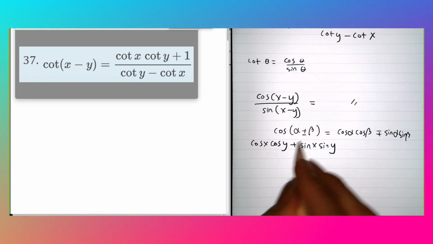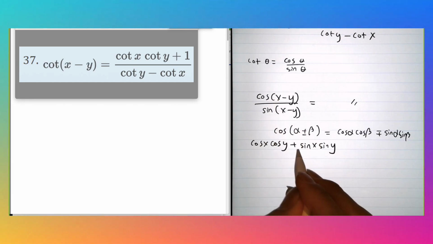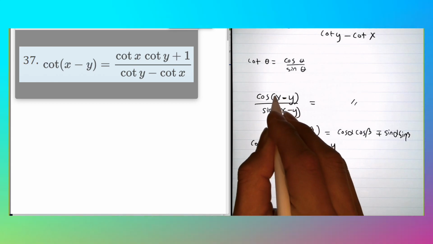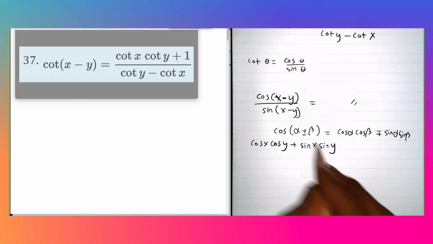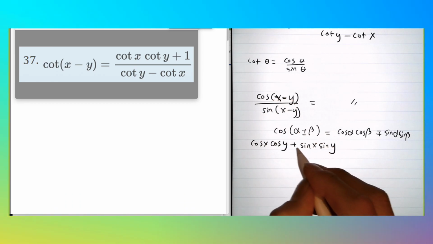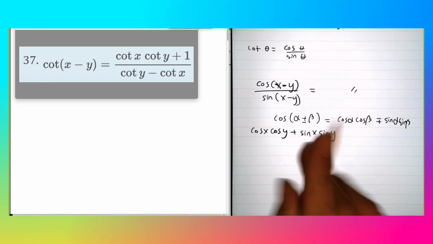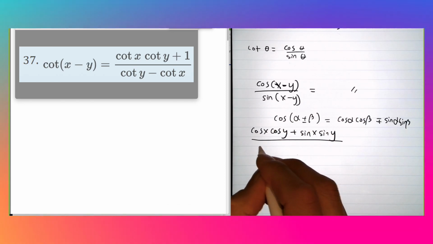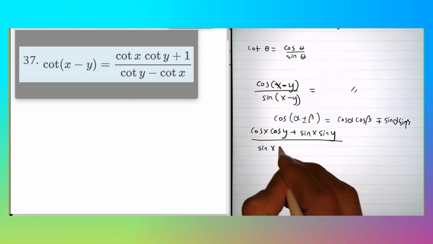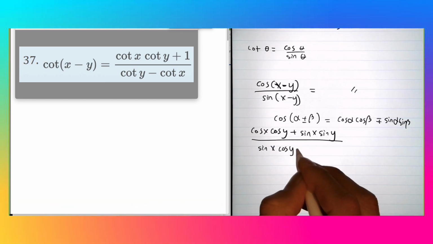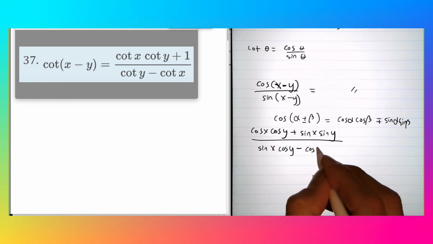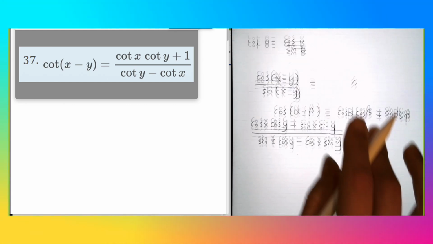Since we have minus between the two angles x and y, we need to keep the opposite sign, which is plus. What happens on the bottom? We're gonna get sine of x, cosine of y. Now we keep the same sign, minus cosine of x and sine of y.